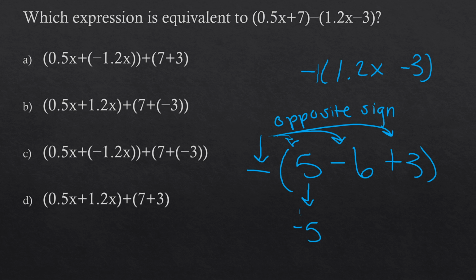This 6 here is negative because of this negative sign here, so the opposite of a -6 is going to be a +6. The opposite of a +3 here is going to be a -3. Okay. Anytime you see a negative outside of parentheses like this, that is what that does. So the negative sign outside of your parentheses makes all of the numbers and their signs flip. So they're now opposite of what they used to be.